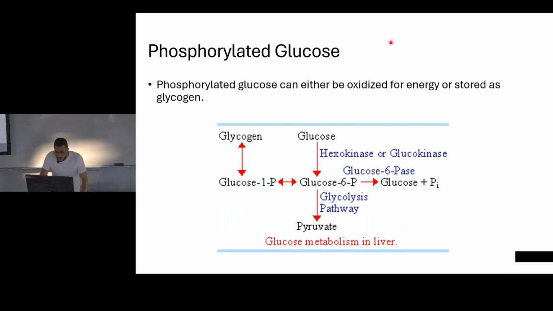This is a good example. Glucose can do a lot of things. It can be oxidized to produce energy. It can be stored as glycogen. So glucose gets phosphorylated, and this phosphorylation allows it to go through the glycolysis pathway and then enter the TCA cycle and so on.